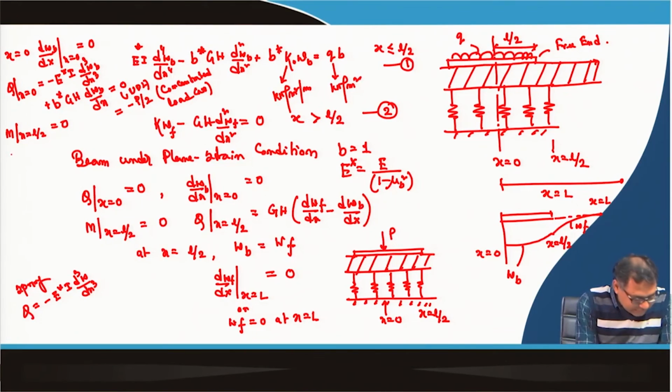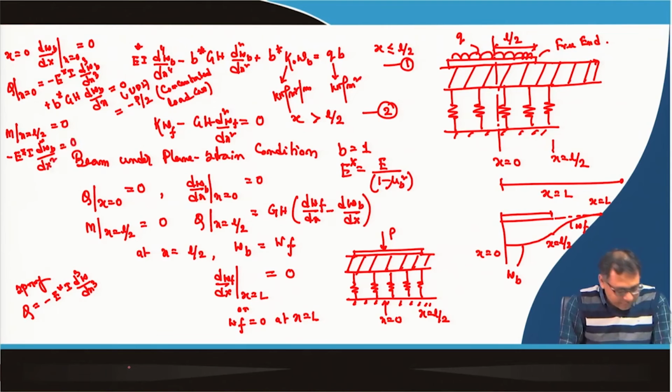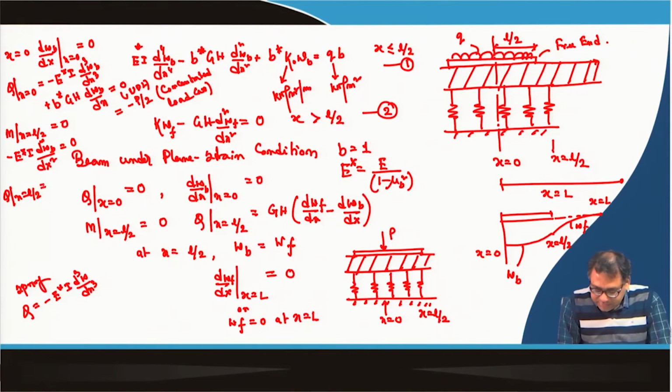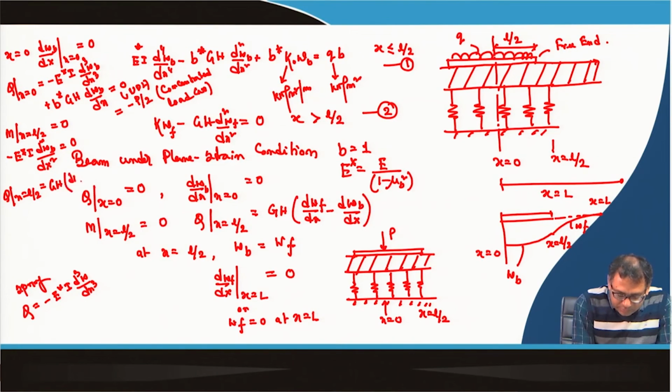For the moment it is the same as Winkler's model, that means minus E star I d square Wb/dx square is equal to 0. And the fourth boundary condition, Q at x equal to L by 2, is equal to the expression that is given, that is GH times (dWf/dx minus dWb/dx).